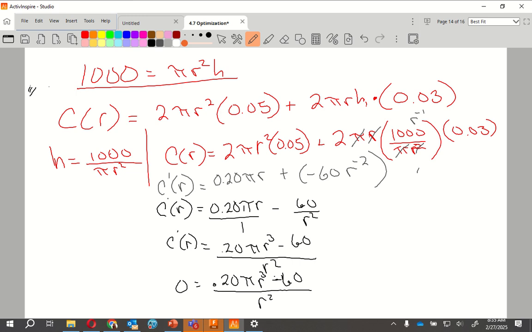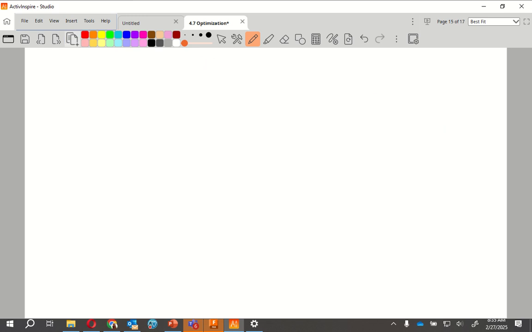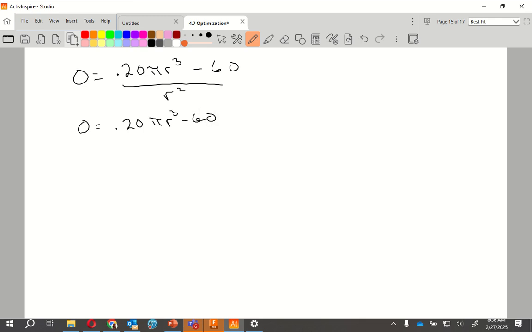So I'm going to make a new page here and rewrite this. 0 equals 0.20 pi r cubed minus 60 over r squared. Divide both sides by r squared, I'm going to get 0.20 pi r cubed minus 60.